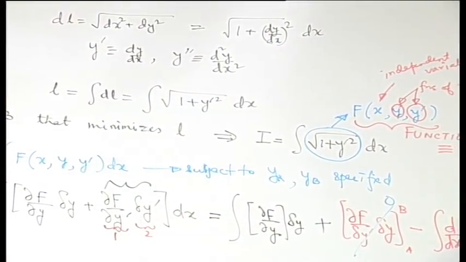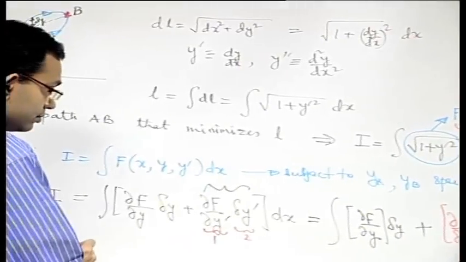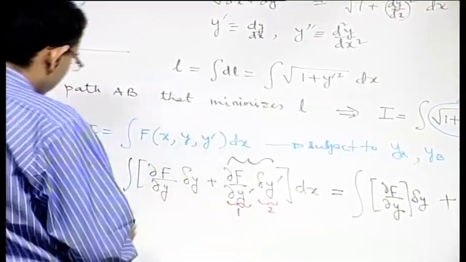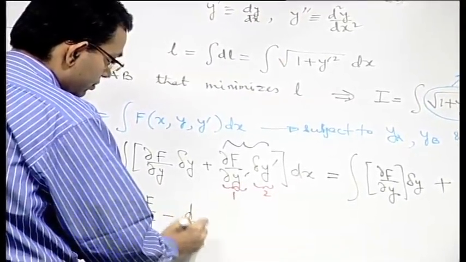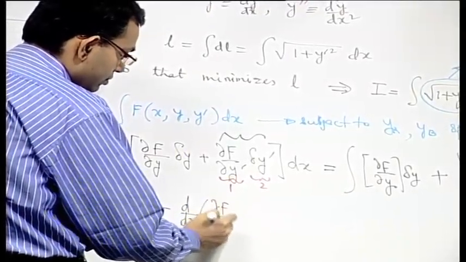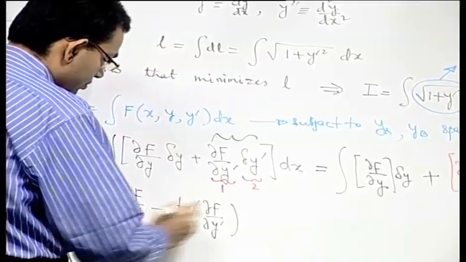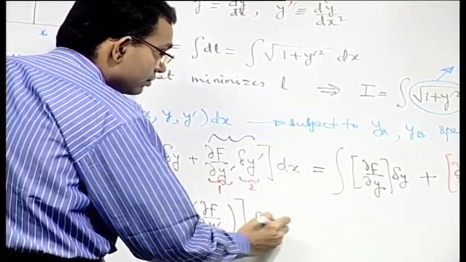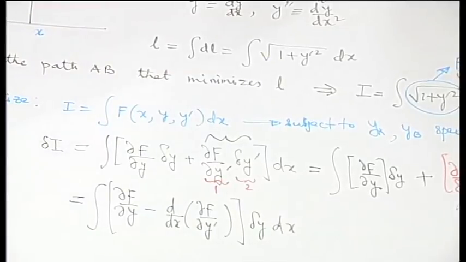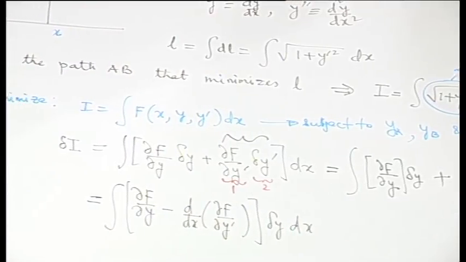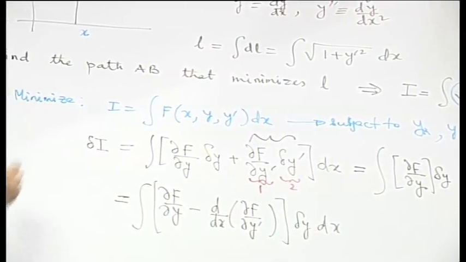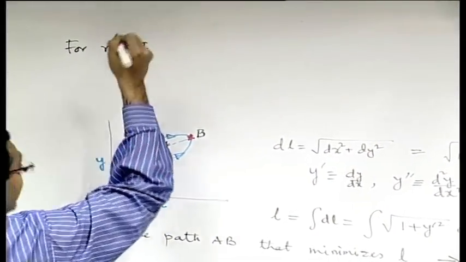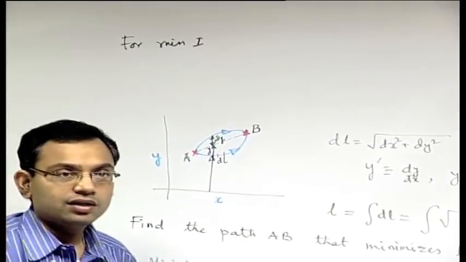So, you are left with delta I equal to this one, and for minimum I, it could also be for maximum I, whatever.